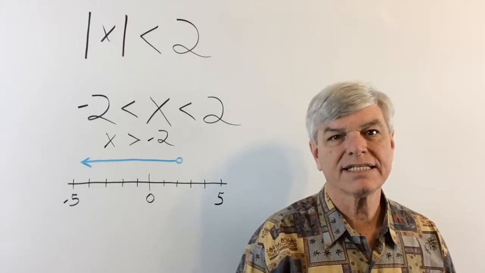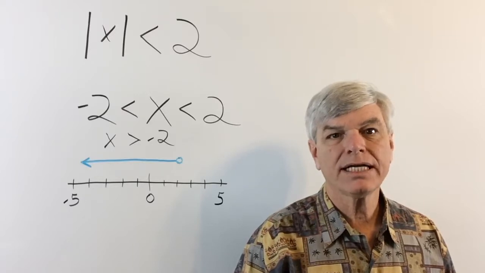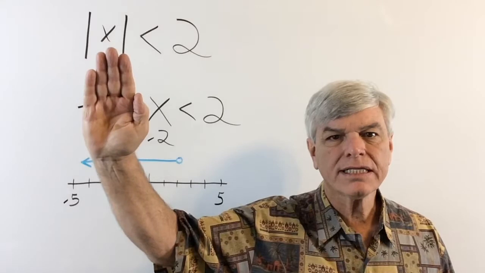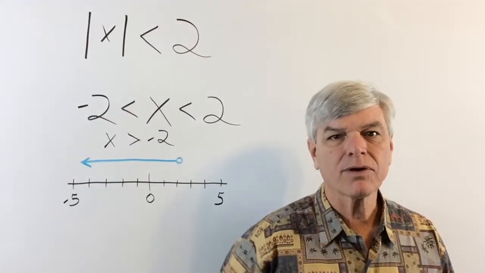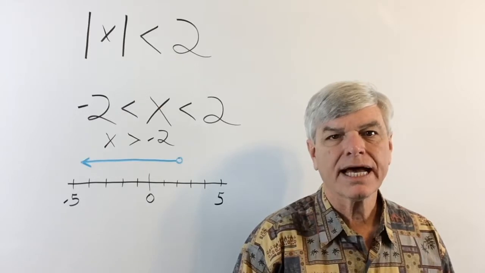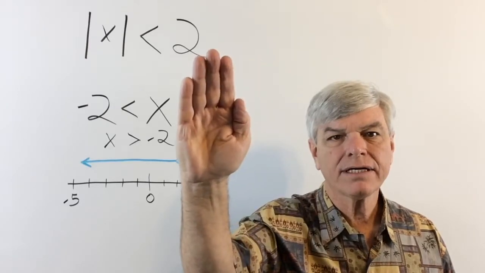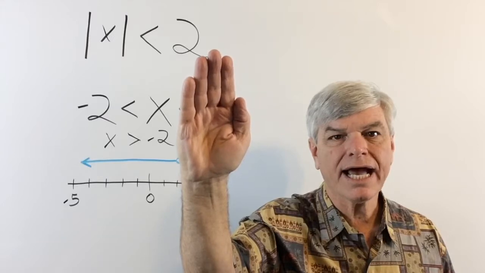Okay, we discussed this in the last lesson, that when we have a compound inequality, we separate it out. And if you look at that, x is less than 2. That's pretty simple to graph, like that, and we've already done that. But the second half is negative 2 is less than x.